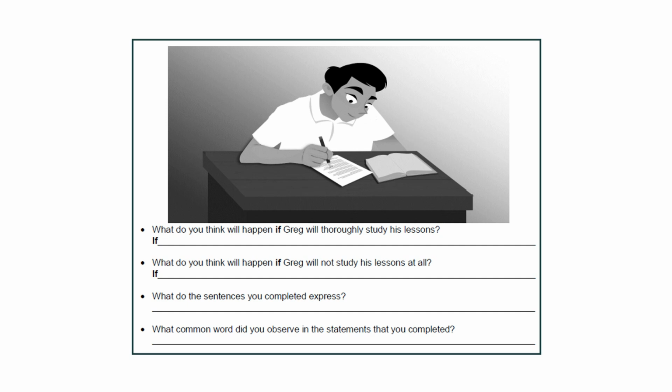You see, especially the two sentences that we have mentioned right now, we have seen the condition and consequence. So, what common word did we observe in these statements? It's simple. The word if.